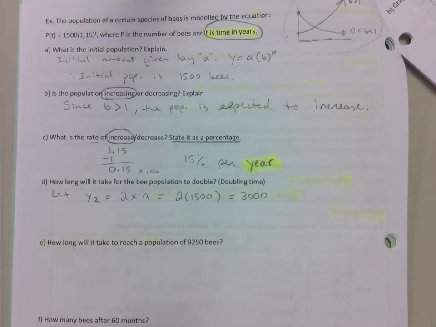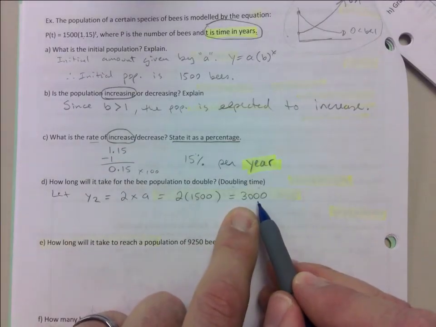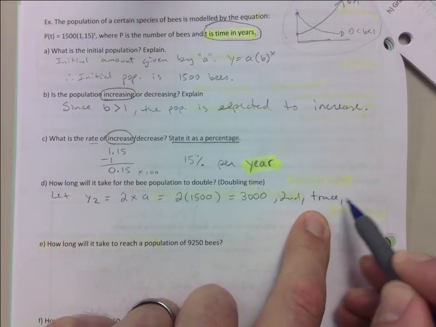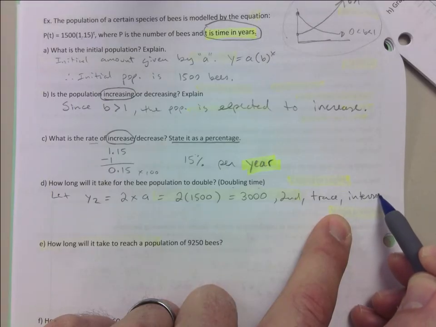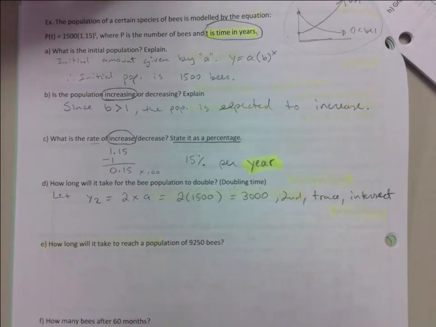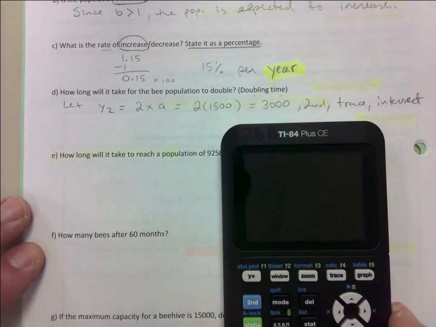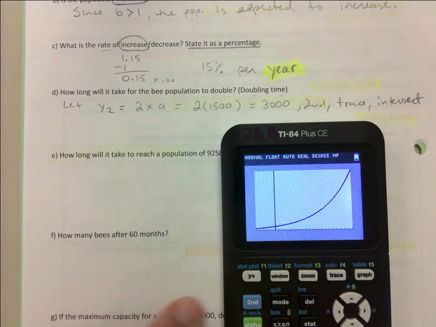You're going to figure out how long does it take me to go from 1,500 to 3,000. Then we're going to go second, trace, intersect. Okay. Second, trace, intersect. So I'm going to grab my calculator, and this is where I need to make it appear.